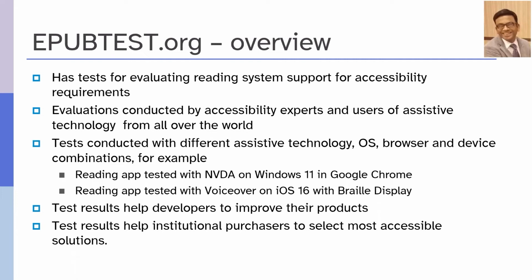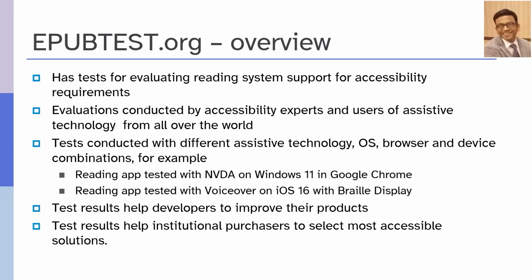The test results are helpful for the developers in improving their products. They are able to check and understand which tests are not supported and the reason for it. And then they can accordingly make some improvements in their apps. Test results help the institutions in procuring the reading system which is most appropriate for their clients.